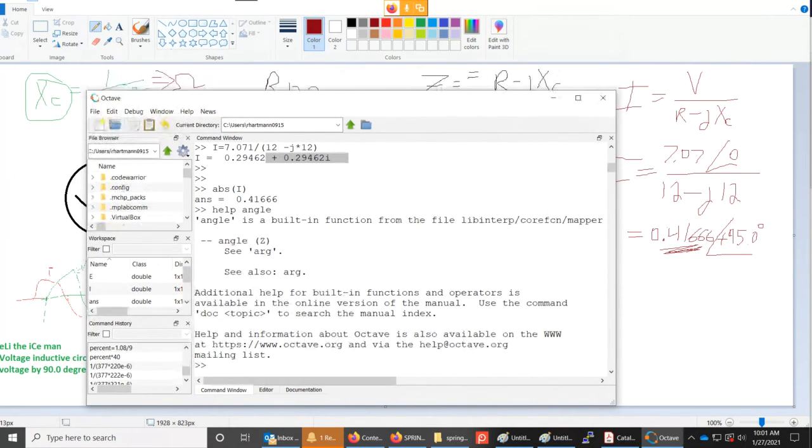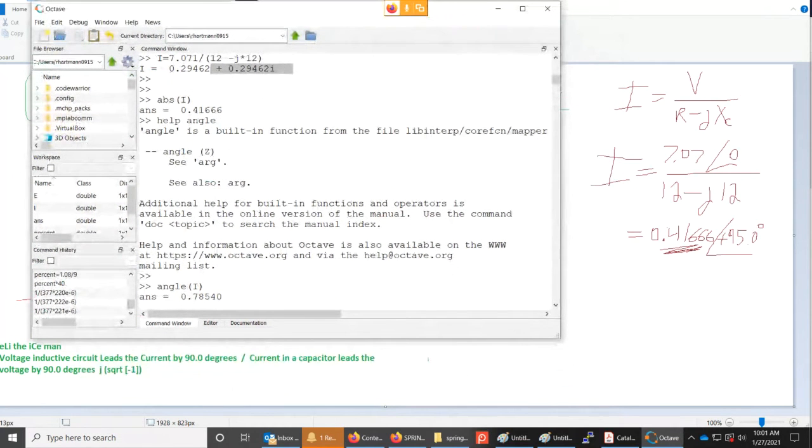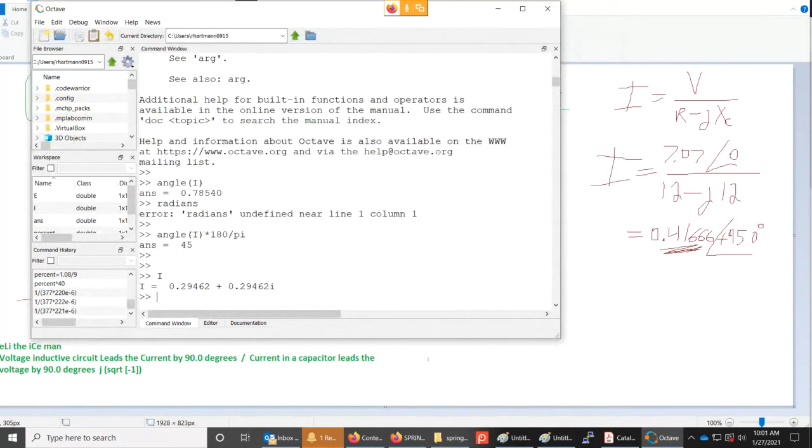All right, so we have our voltage and our current. Now, if you're going to use the Octave software, by default it's going to give you the current in rectangular format. This is okay, but when you put your current into Blackboard as an answer, it needs to be polar form.